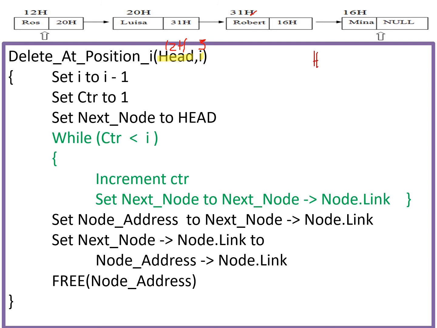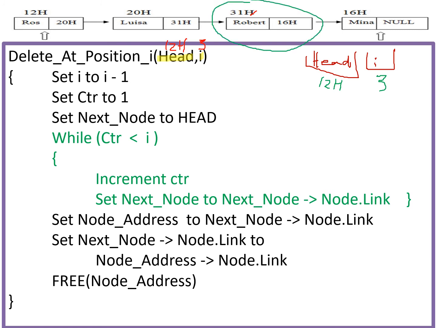So we have here head, and we have I. Okay. So head is initially 12H, and our desired position is at position 3, the third node. Okay, we want to delete this third node.